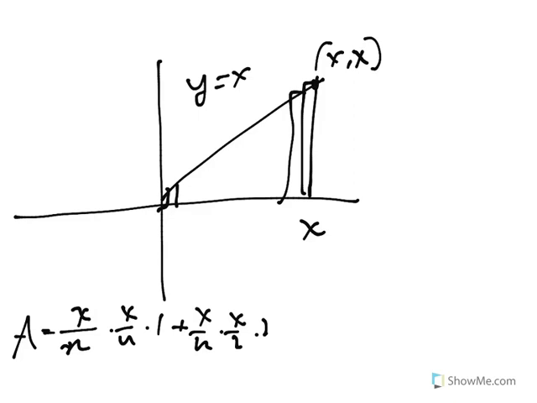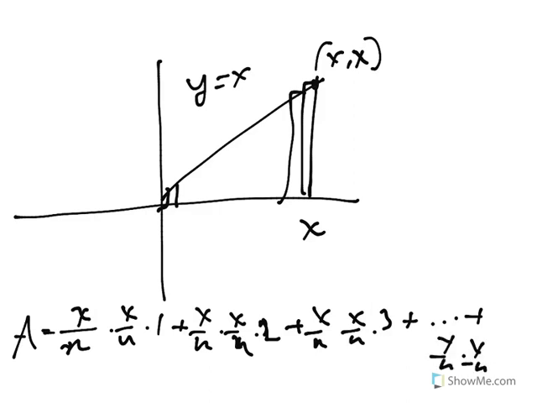The next one would be base is x over n, the height is x over n times 3, and that would go up until x over n times n.